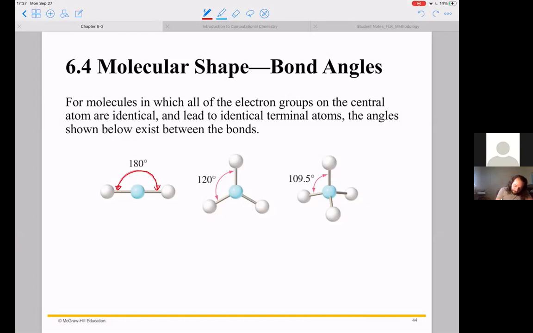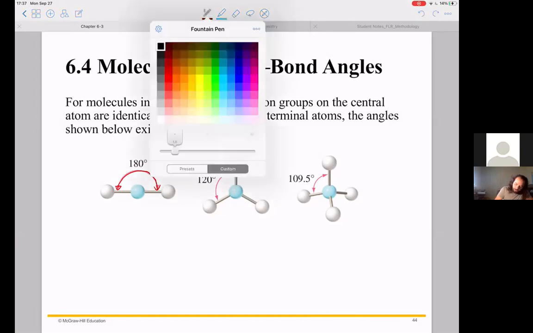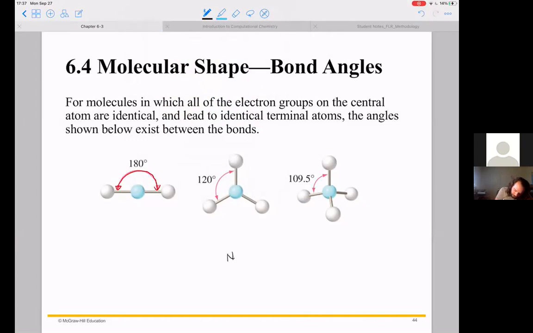And that's why when we have the bent molecule, for example, we saw it for the nitrite ion, this bent molecule has a bond angle of 120 degrees because it sort of started out with that trigonal planar electron geometry. When we get to a tetrahedral, all four of those bonds, so this bond angle is the same as this bond angle is the same as this bond angle, they are all equal to 109.5.